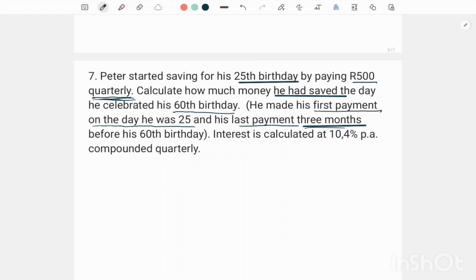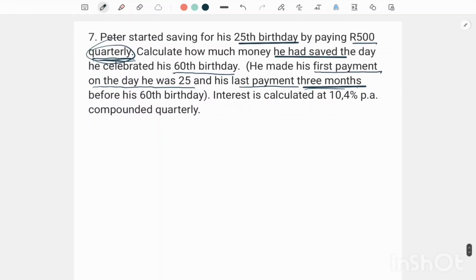Immediately, then if they said immediately and quarterly, then it means you're going to add 3, if I'm not mistaken. But I will just check and then make another video in terms of this immediately, 3 months after, just to explain them further, because I'm also not sure about them.